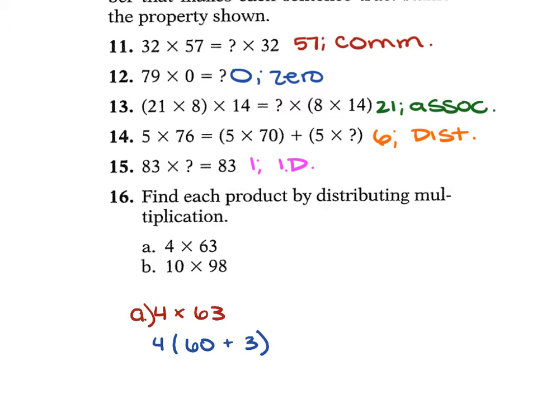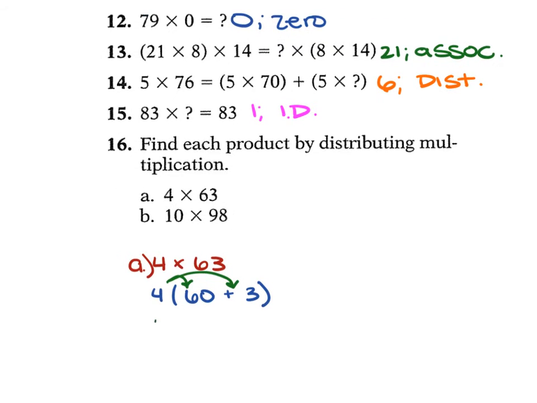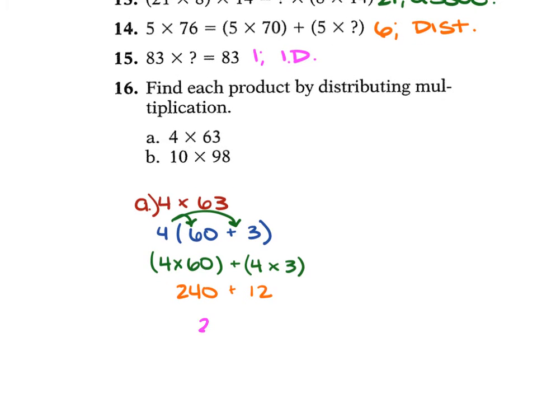So if we distribute this 4 in, we're going to have 4 times 60 as well as 4 times 3. 4 times 60 is 240. And then the 4 times 3 is 12. So we're just going to add the 240 and the 12, and this gives us 252.